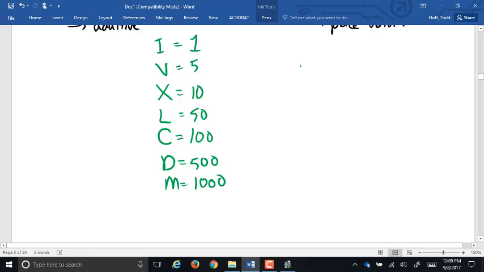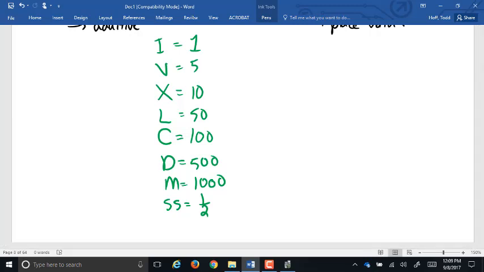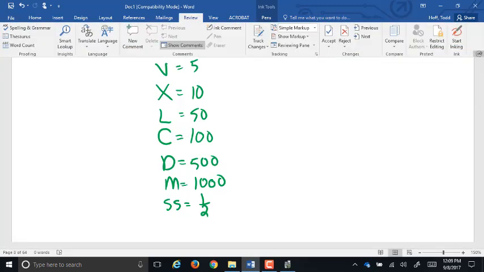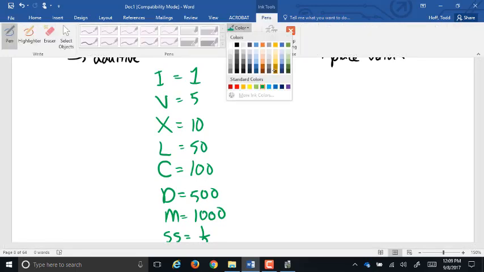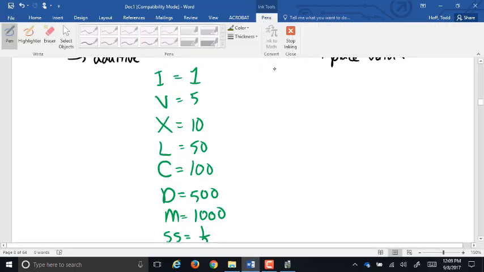So the one that I didn't know until I started teaching this class is the Roman numeral for 1/2 is SS. Well, the only place I've ever seen it used is medicine. GRISS, that's 1.5 grains is what that stands for.